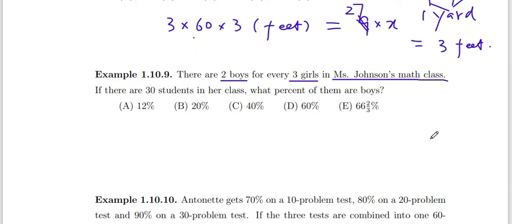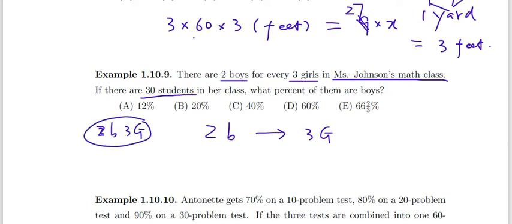So 2 boys, then 3 girls, as one group. So here that's 5 students. We have 30 students, so we can put 6 of these groups.